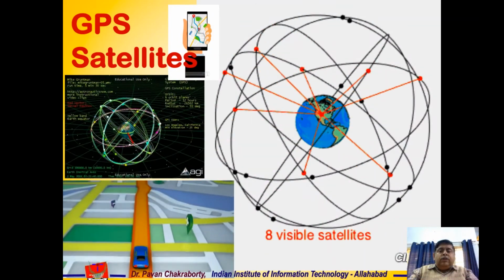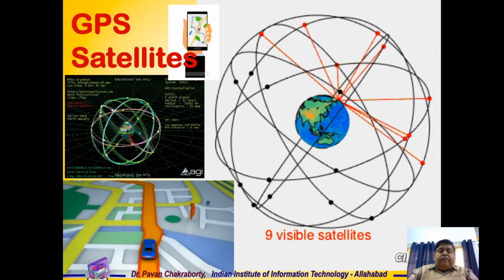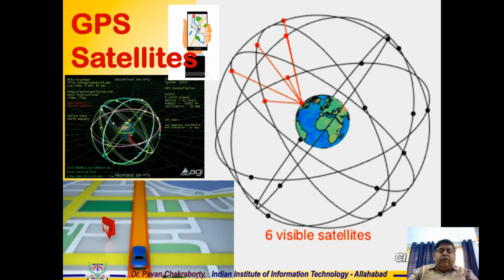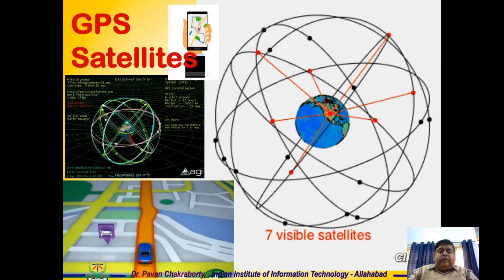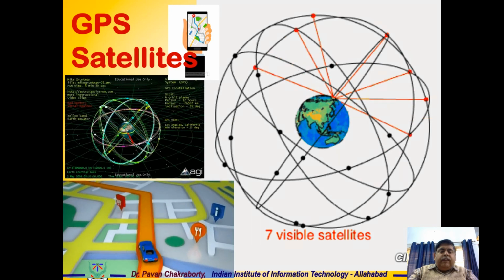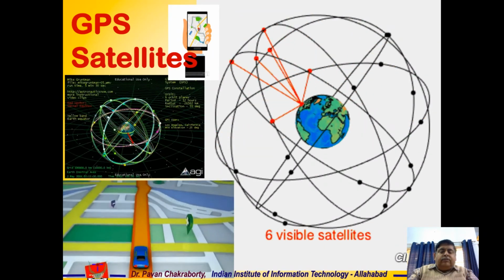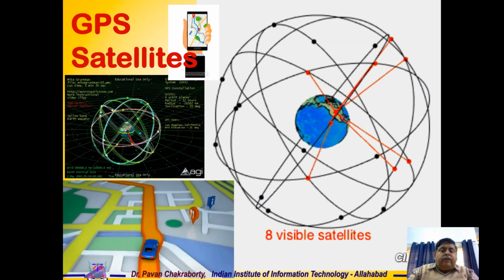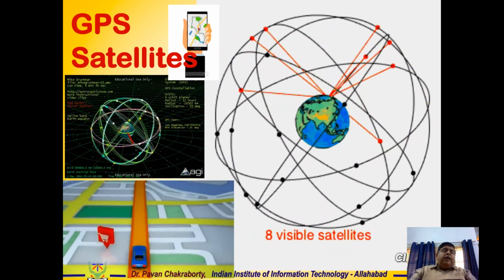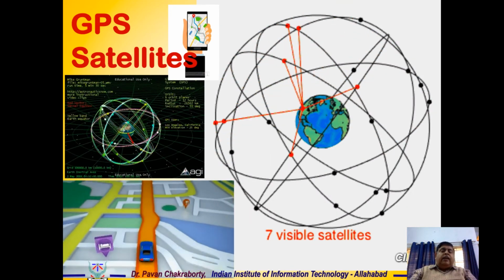Here, at a particular time, this visualization tells you the number of satellites which the object actually verifies. Three points will give you a triangulation, but every triangulation will have an error.